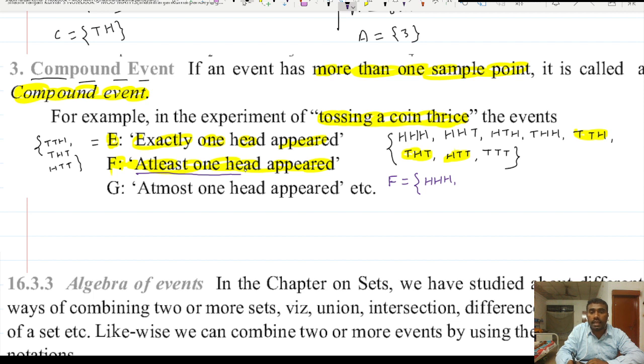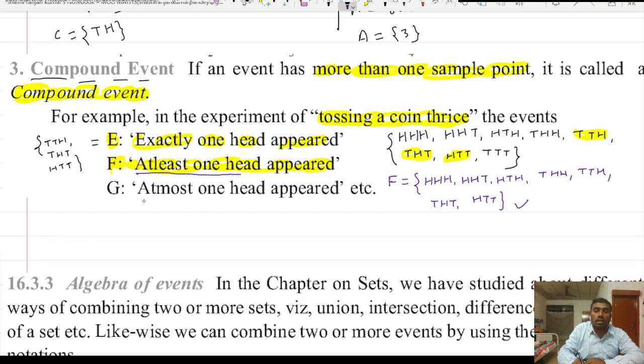So HHH, HHT, HTH, THH, TTH, THT and HTT. So this is the compound event. Why compound? Because more than one sample point is there. How many sample points here? Total 7.